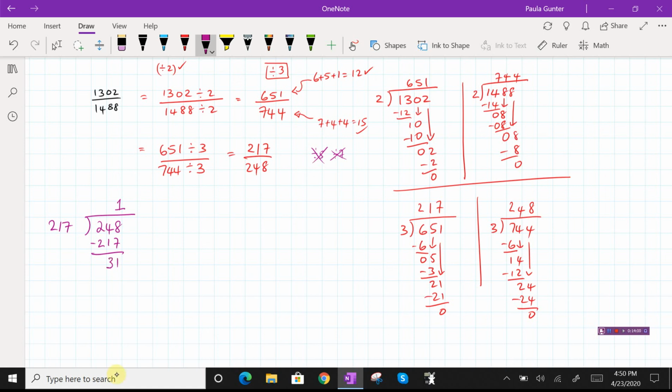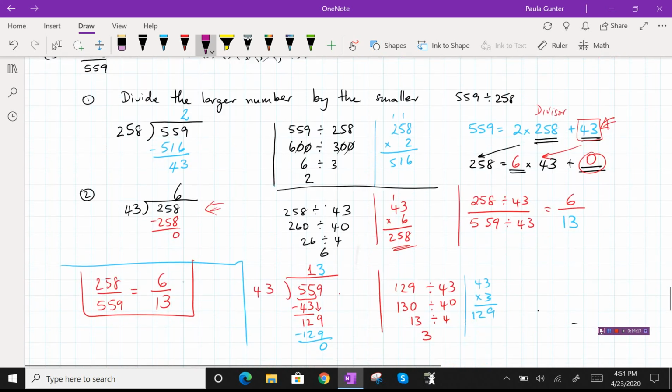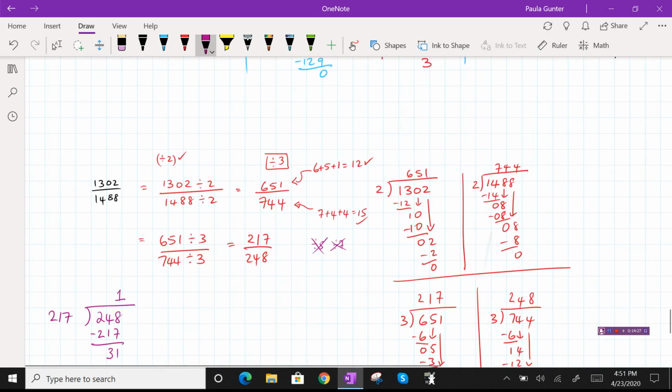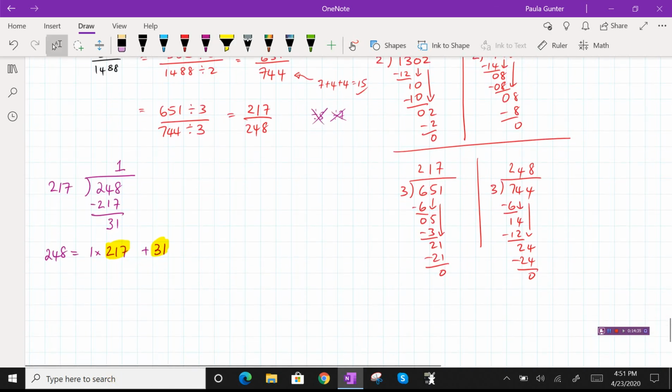So we are seeing that 248 is 1 times 217 plus 31. All right, now going back, if you looked at what we did up here, we are taking our divisor and remainder, and we're pushing them over one set. So here are the numbers I'm dealing with.